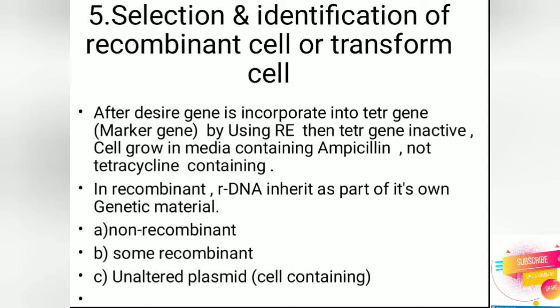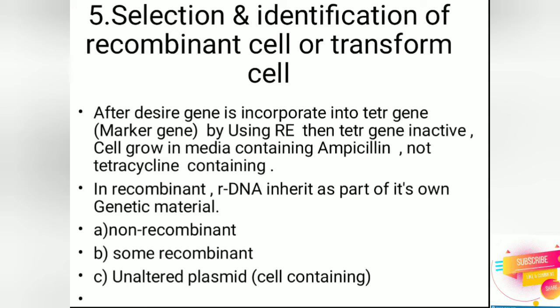So if the cell grows only in the ampicillin-containing medium, then that cell is a transformed or recombinant cell. That is the way we select and identify the cell.